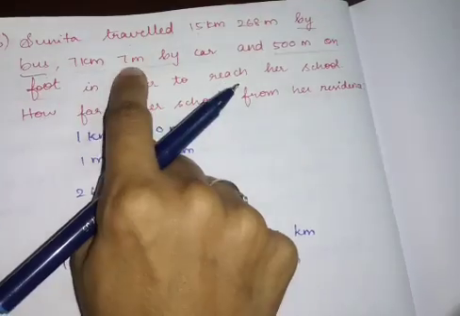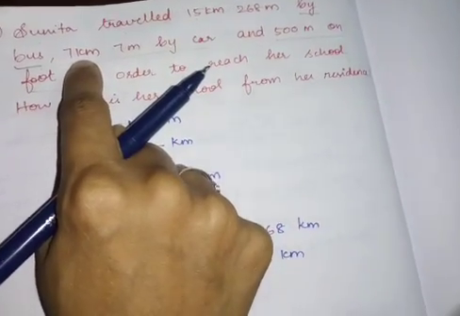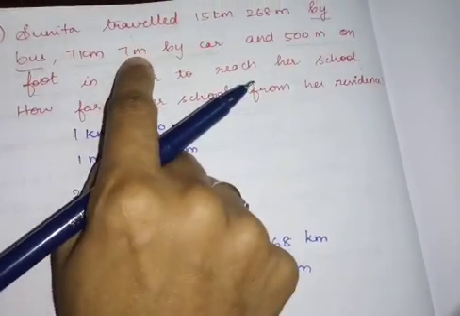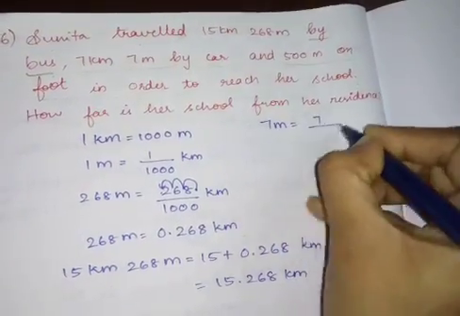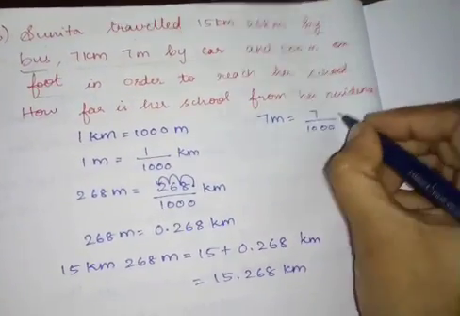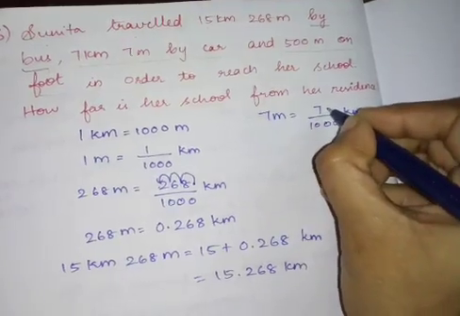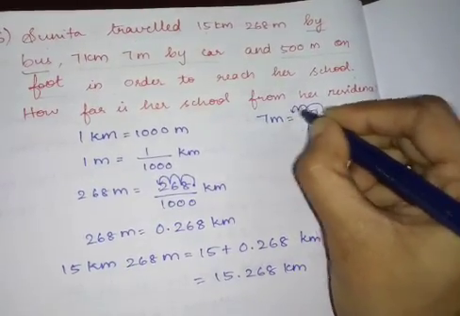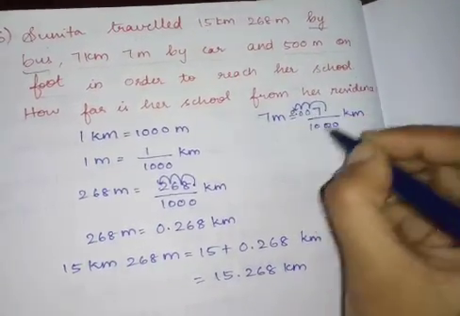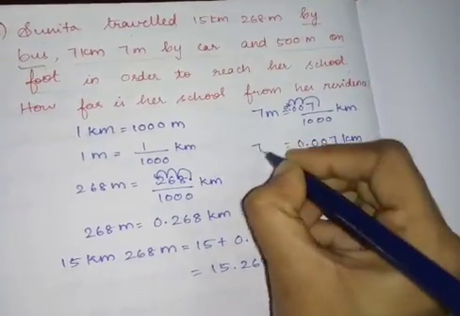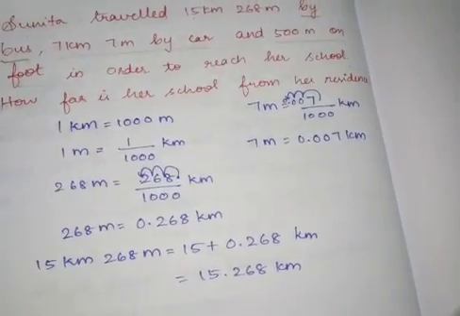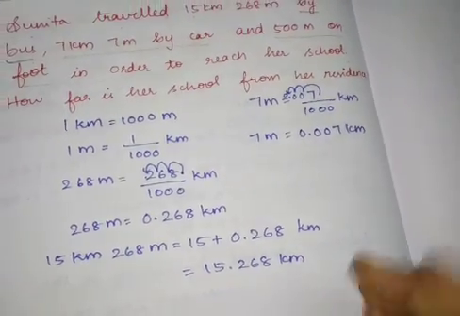Now we should convert this. With this, 7 kilometers is already in kilometers, we have to convert only this 7 meters. 7 meters is equal to 7 divided by 1000 kilometers. Correct? Now we have to shift it 1, 2, 3. 2 zeros included, right? 0.007 kilometer. 7 meters is converted to 0.007 kilometer.